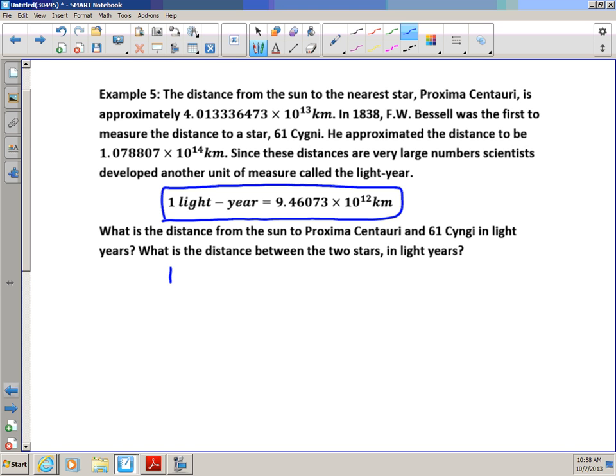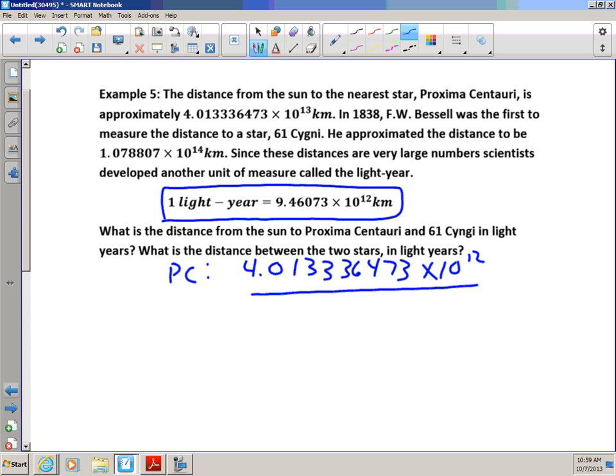So now, instead of saying how far Proxima Centauri is in actual kilometers, we're going to convert its distance into light years. Now, you should see that this distance is greater than 1 light year because it's 10 to the 13th power. You should be expecting a number greater than 1 because the distance from the sun to Proxima Centauri is greater than 1 light year since it's a larger number.